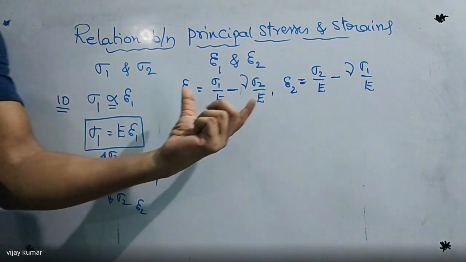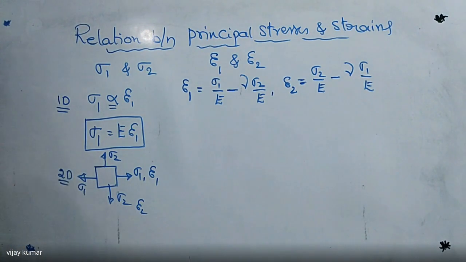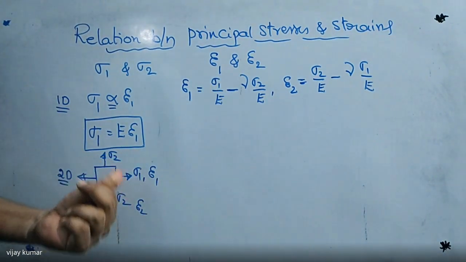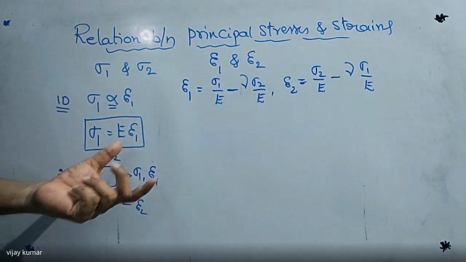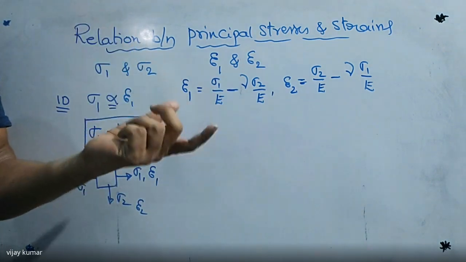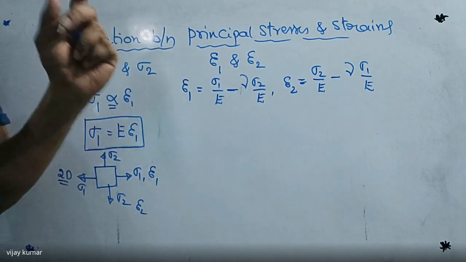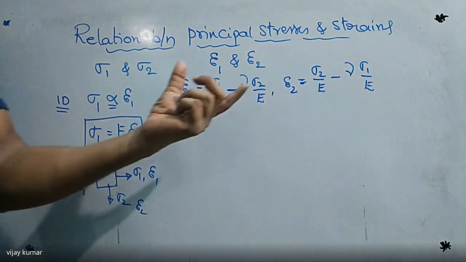So here, first of all, which value are we going to calculate, stress or strain? When the component is subject to any type of force, whether tensile, compressive, bending or any other, which value do we find first, stress or strain? First of all, we are going to find the strain value. After that, we are going to find the stress value.